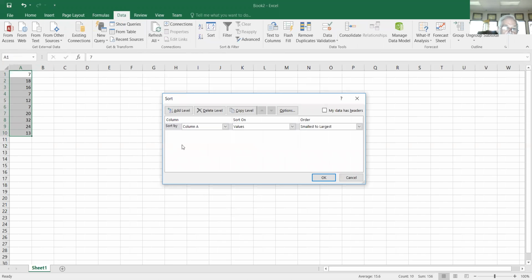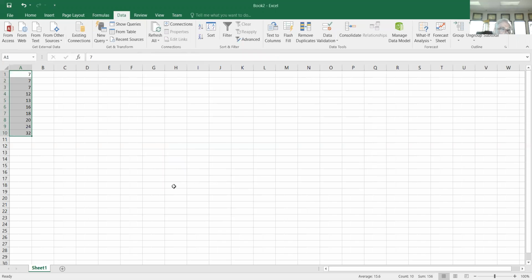If we click on Sort, we sort column A on the values, and we can set the order: smallest to largest, largest to smallest, or a custom list. In this case, we want smallest to largest. If we click OK, the data are now sorted, so they're in order.